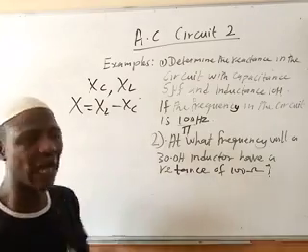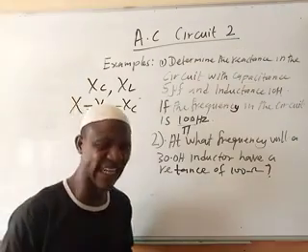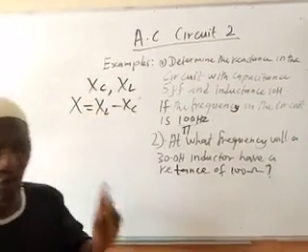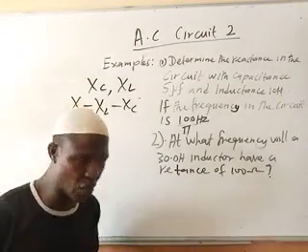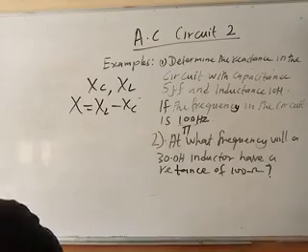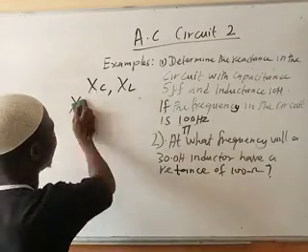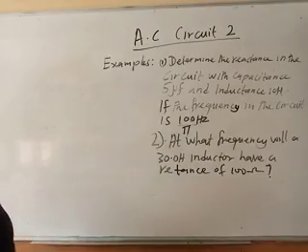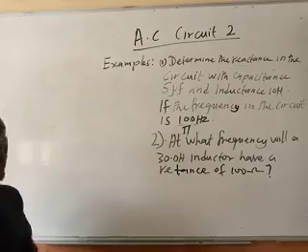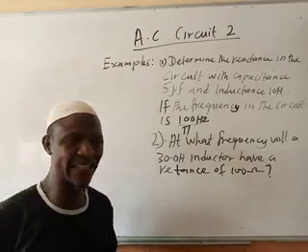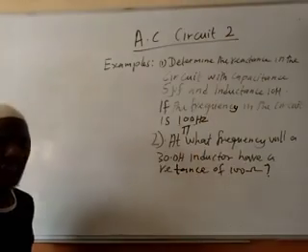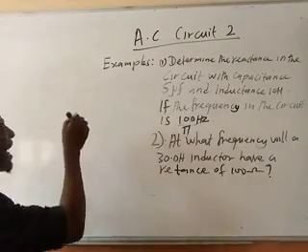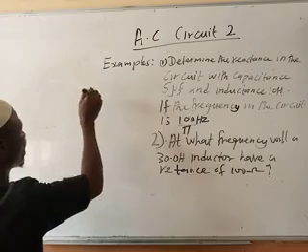In that case, it's not yet impedance. It's only when you have resistor in the circuit that we have impedance. Now, when you have a capacitor and inductor, we call it reactance. When you now have capacitor and resistor, in that case, we have our impedance.